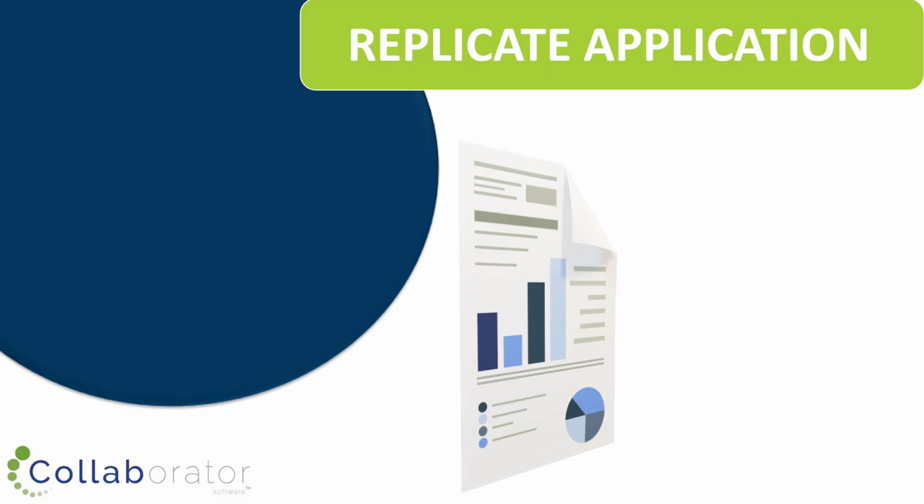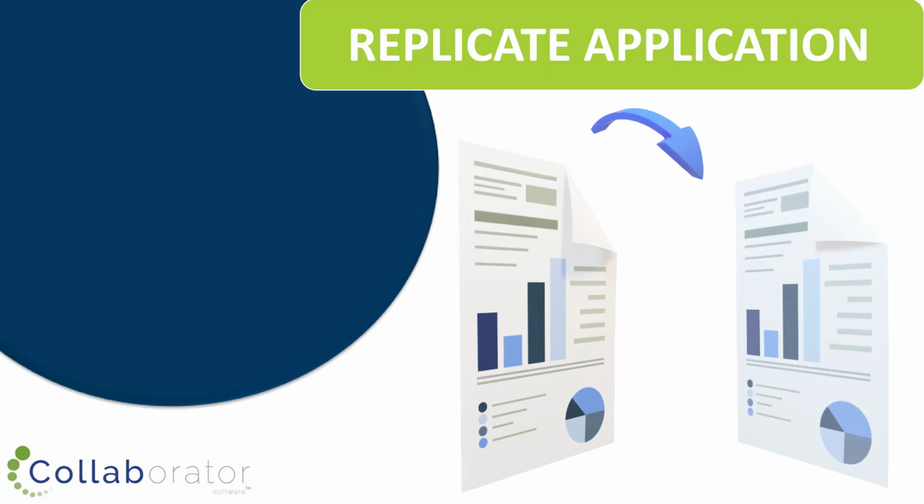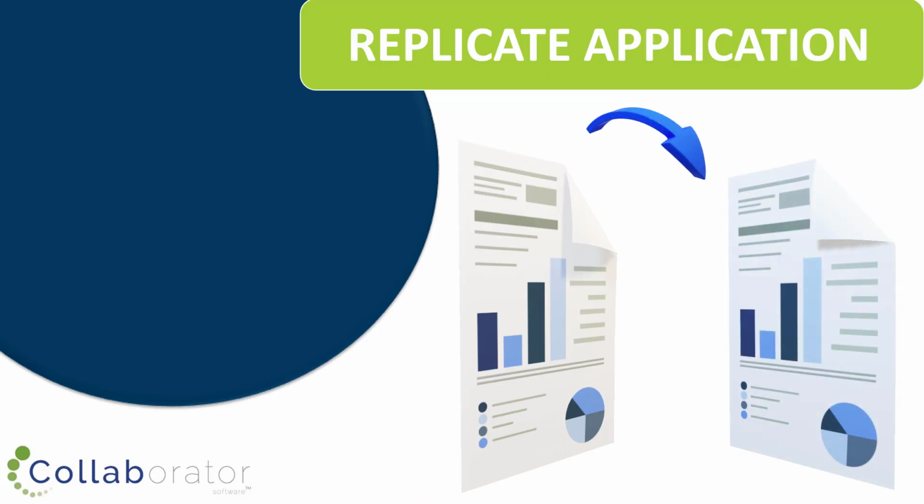The replicate option is available to replicate an application in its current state, but it can be used in different ways. For example, when working on a development, if there are 100 new houses in one development, the first application can be replicated. Detail can be amended, like the street number and name, and documents edited or deleted and uploaded.